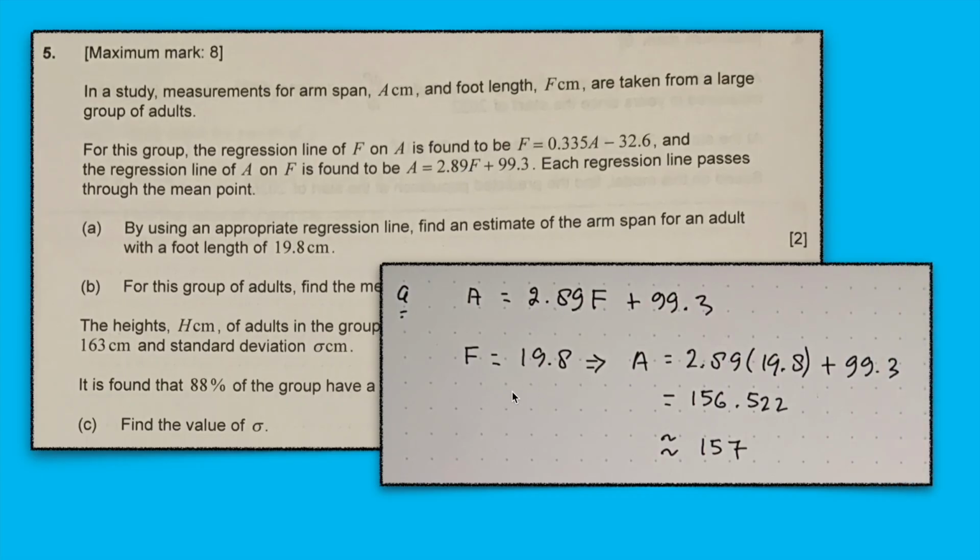Given F, foot length, is equal to 19.8. Therefore, we substitute F = 19.8 to get the answer. So arm span A is approximately equal to 157.